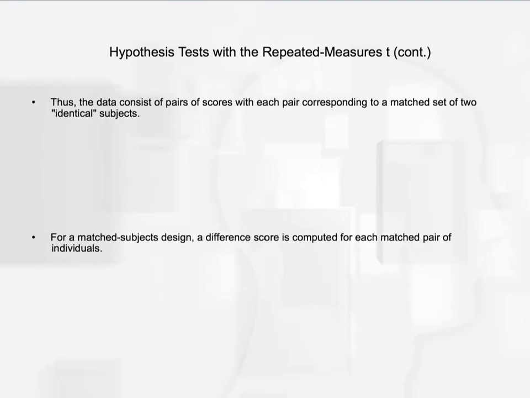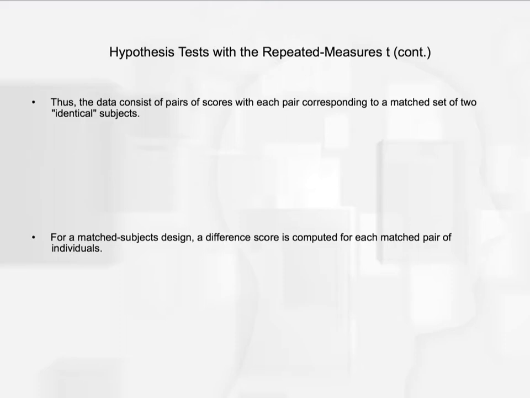When you have a matched subjects design, you have two groups of people, but the people were selected in the groups because they're similar in some way to one another. We treat those as if they're identical. And we'll have a score for the people in one group and a score for their match in the second group.